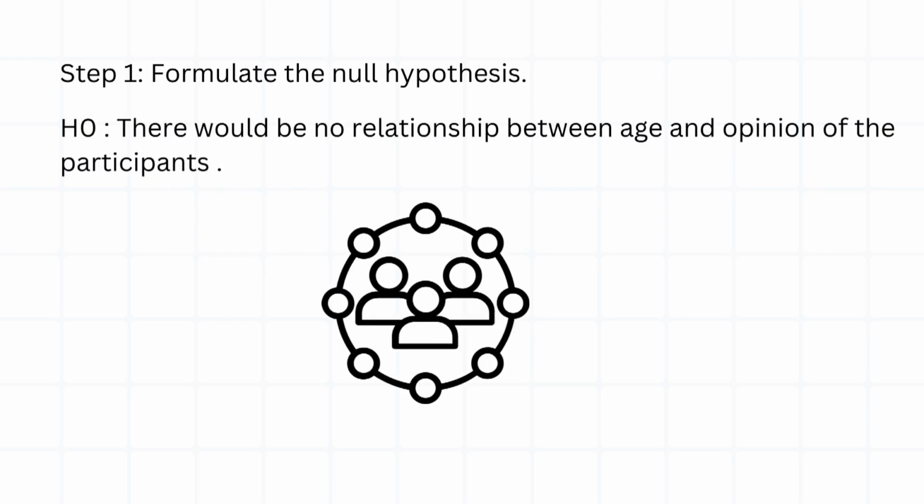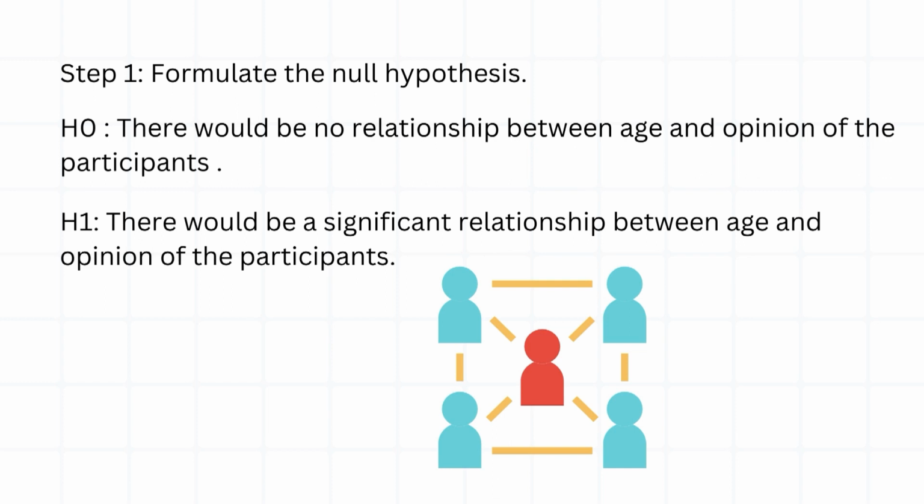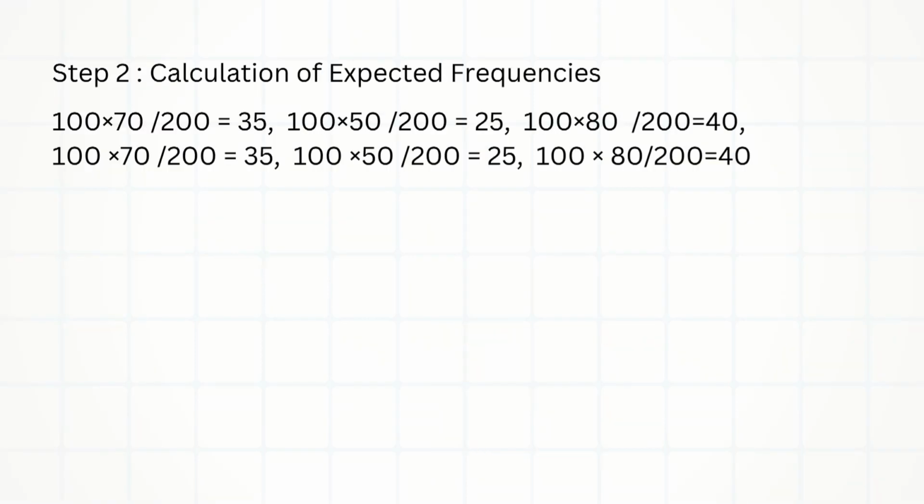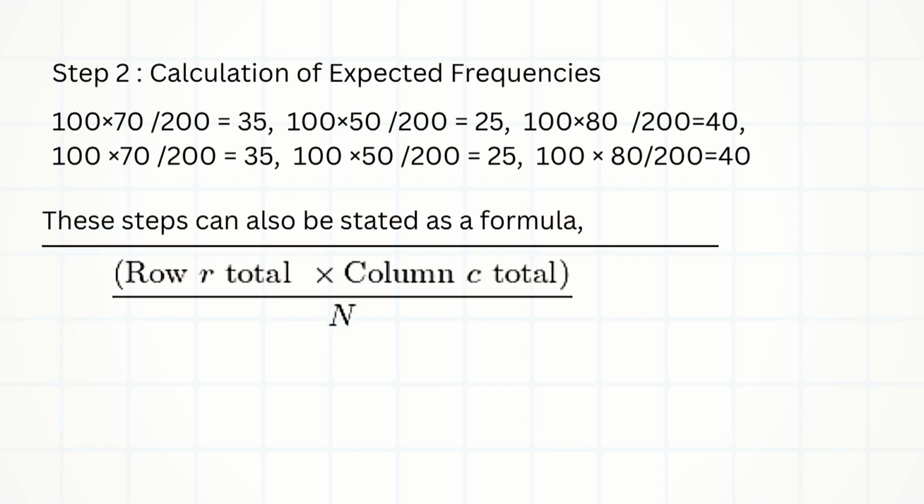The null hypothesis is there would be no relationship between age and opinion of the participants, and the alternative hypothesis is there would be a significant relationship between age and opinion of the participants. Step 2, find out the expected values by the method shown in the table.